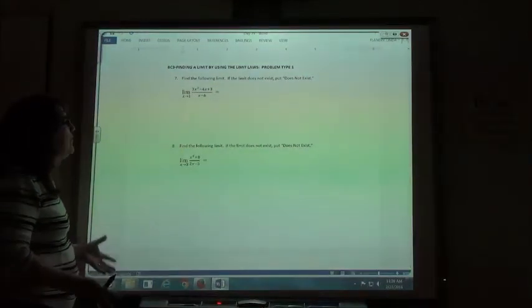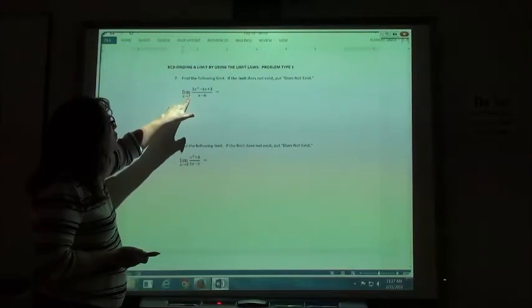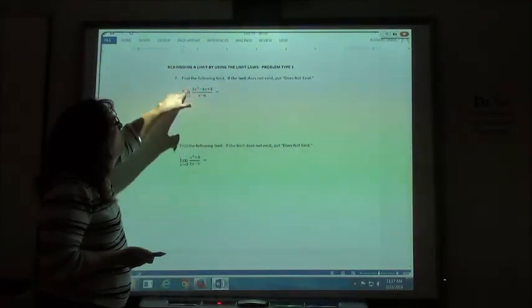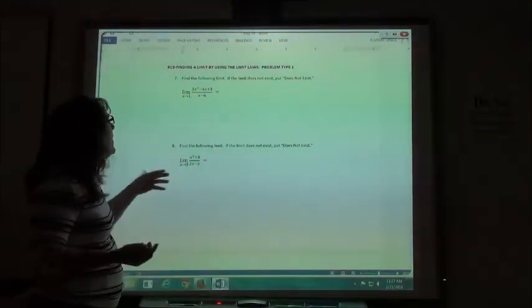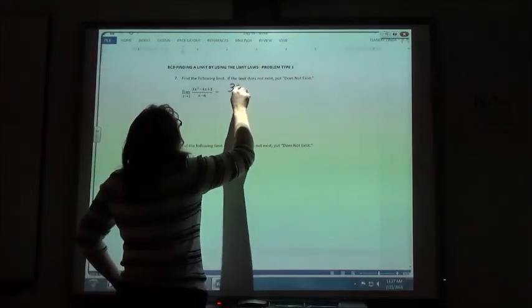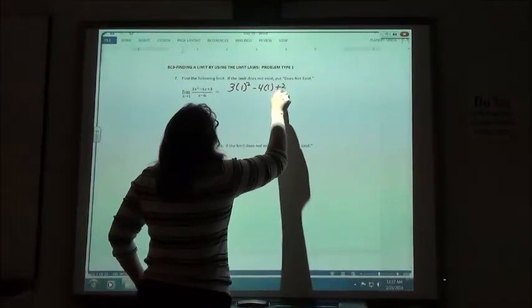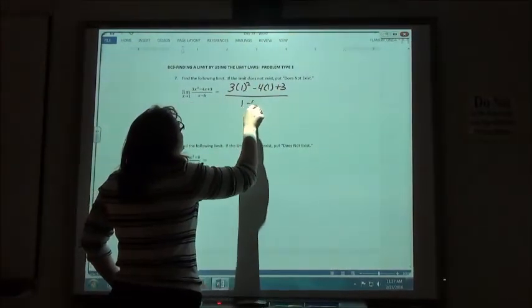So for most of your limits, if you're going to find the limit of a function as x approaches 1, all you're going to do is put 1 into the function and solve it. So I'm going to find the top and the bottom. I'm going to take 3 times 1 squared minus 4 times 1 plus 3, and then the bottom, 1 minus 6.